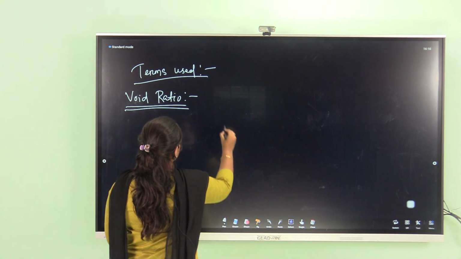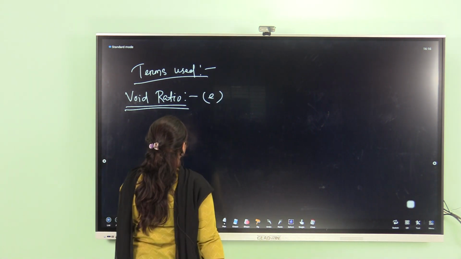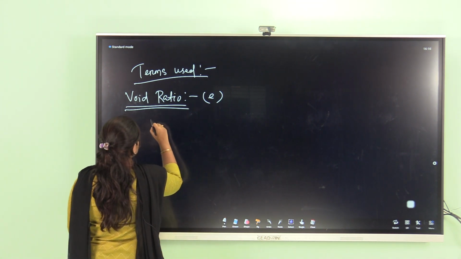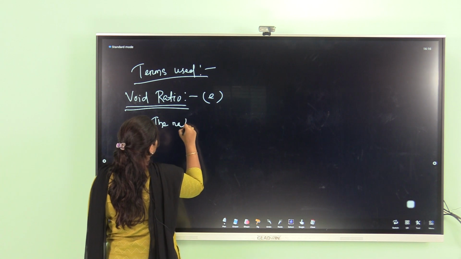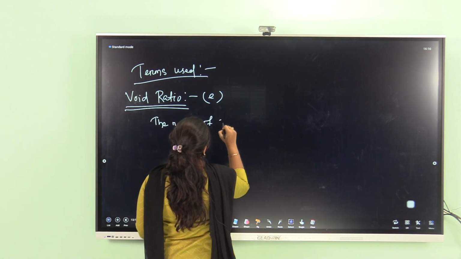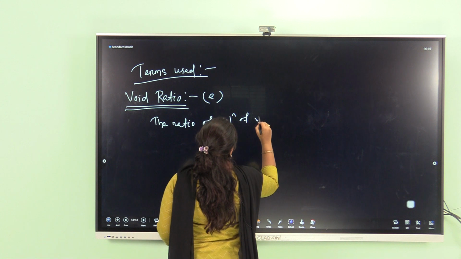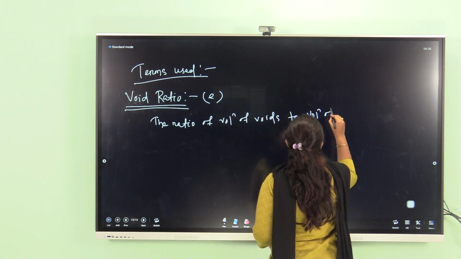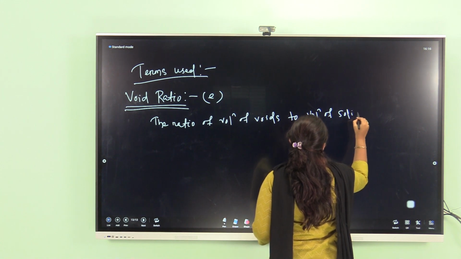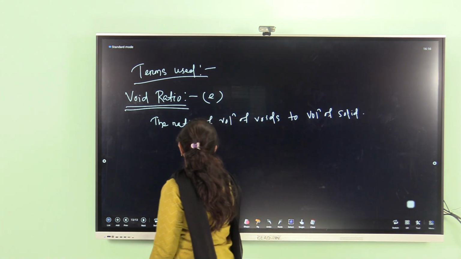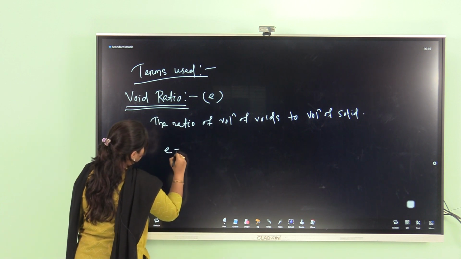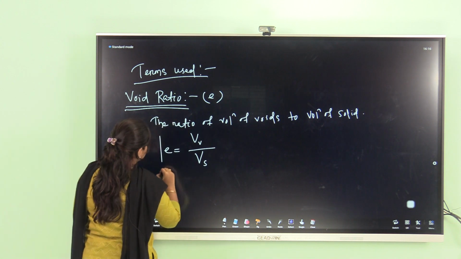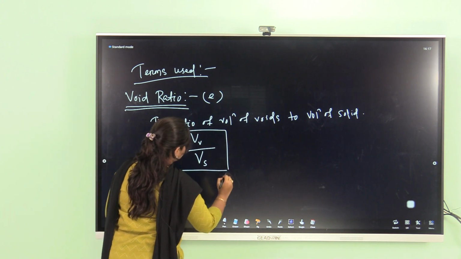The symbol we use is small e, and the formula for void ratio is the ratio of volume of voids to volume of solid. We can write it as e equals to Vv by Vs.